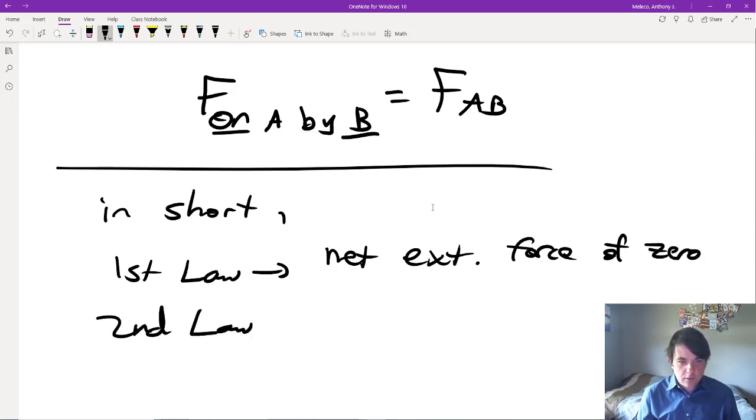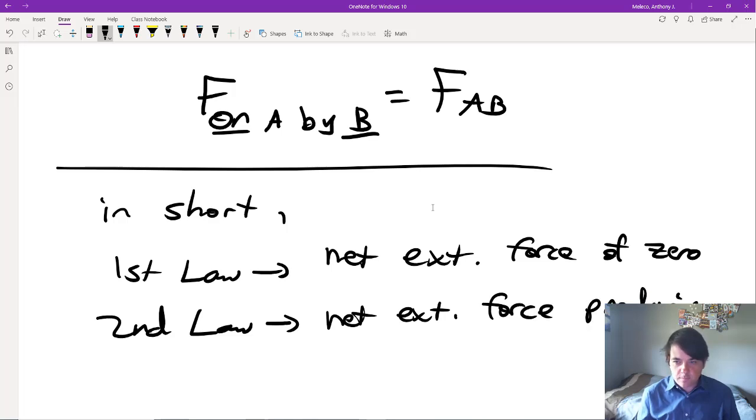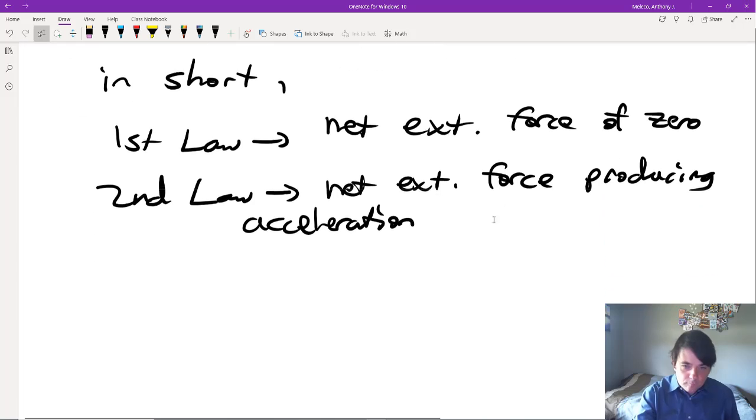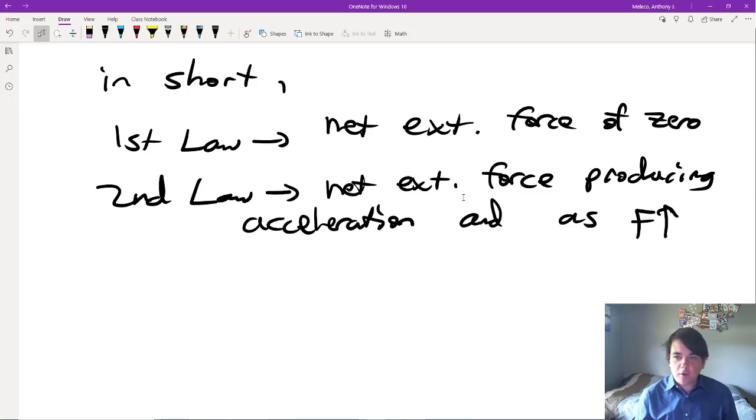The second law is net external force producing acceleration. As F goes up, A goes up.